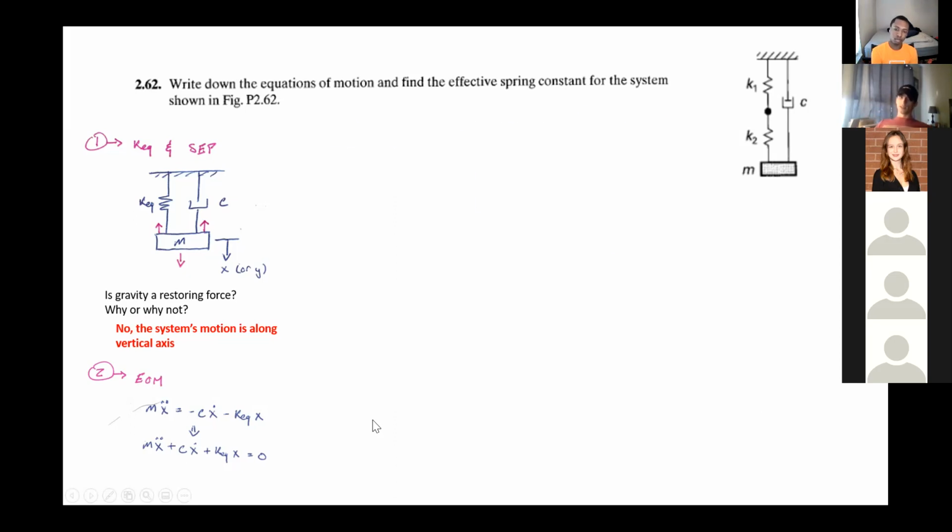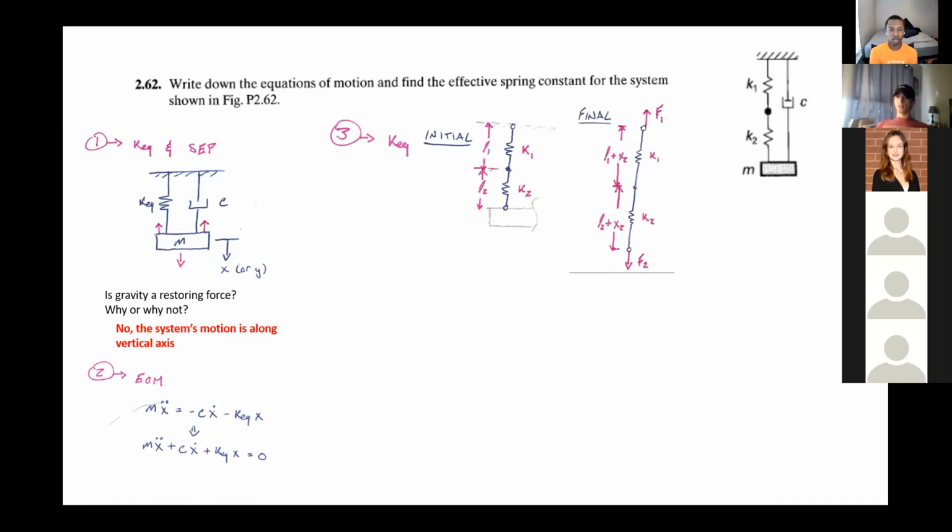It's in series. So step 3, I'm not going to go through the parallel one, and I'm not going to go through the damper proof, but it might be easier for you guys to see why the spring series equation is the way that it is.